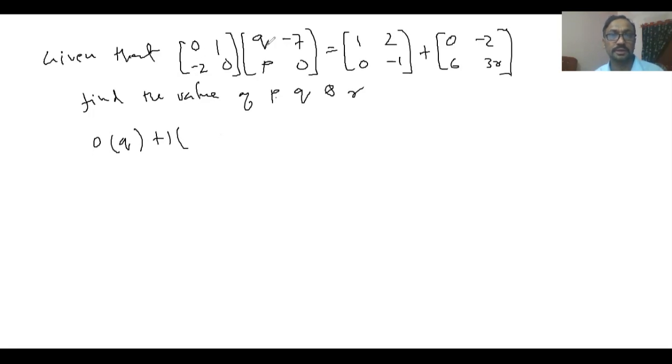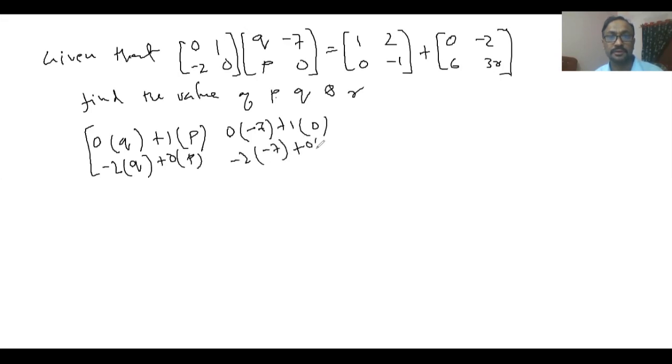Then minus 2 multiplied by q plus 0 multiplied by p. 0 multiplied by minus 7 plus 1 multiplied by 0, then minus 2 multiplied by minus 7 plus 0 multiplied by 0.